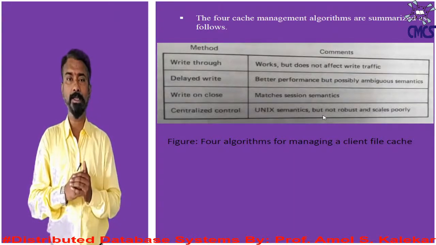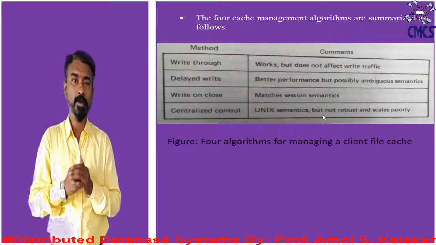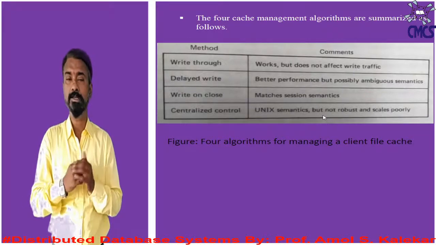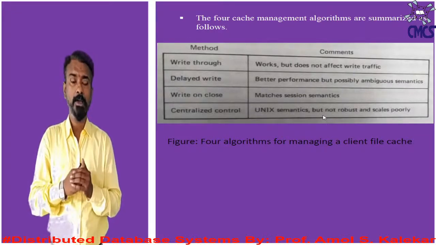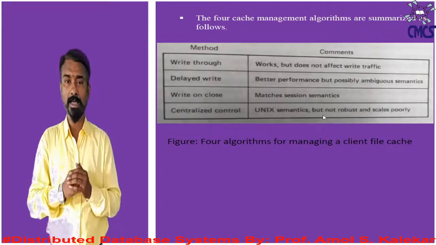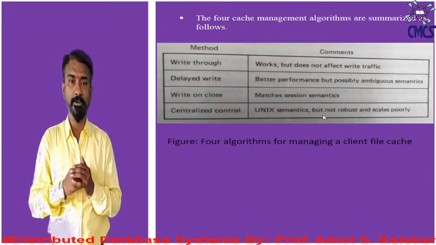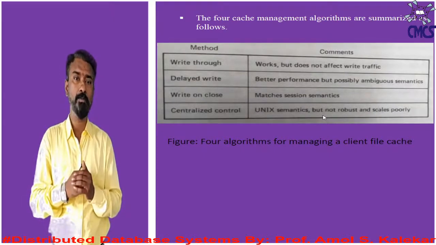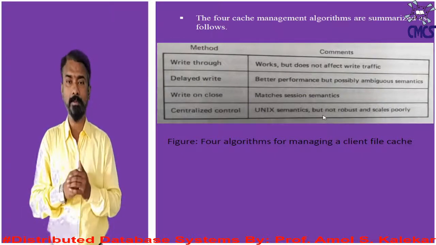Second method, that is the delayed write, gives you better performance but possibly ambiguous semantics. Then the third, that is the write on close, matches session semantics. Then the last one, that is the centralized control, can be used for unique semantics but is not robust and scales poorly to larger problems.